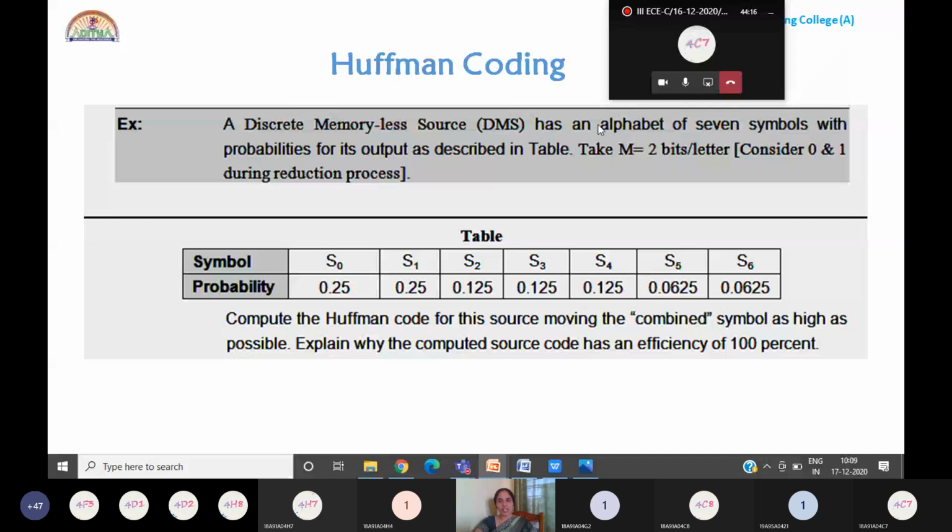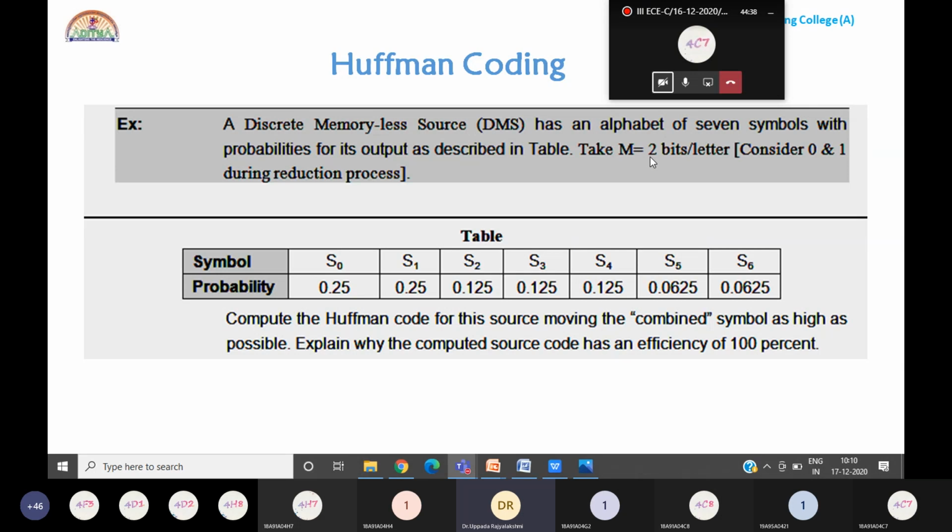So a discrete memoryless source has an alphabet of 7 symbols, with probabilities for its output as described in the table. Okay, so take m is equal to 2 bits per letter.